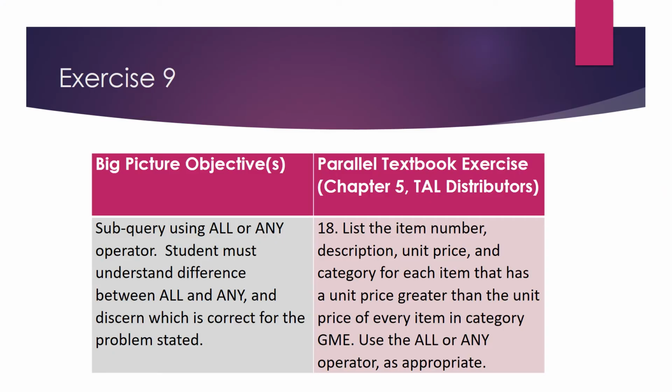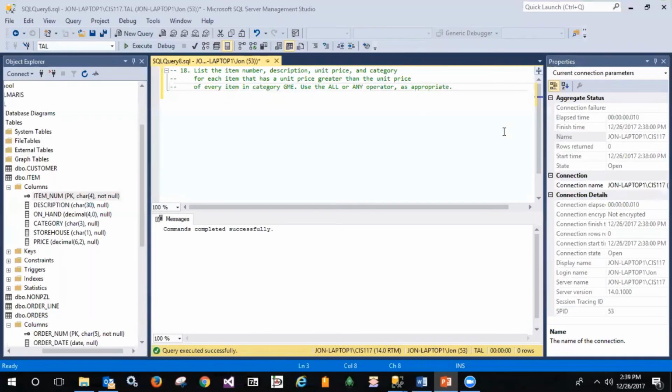In exercise 9, we will construct a subquery using either the all or any operator. It will be the student's job to discern whether the all operator or the any operator is appropriate. In exercise 9, we'll be using as a parallel problem number 18 from the TAL dataset.